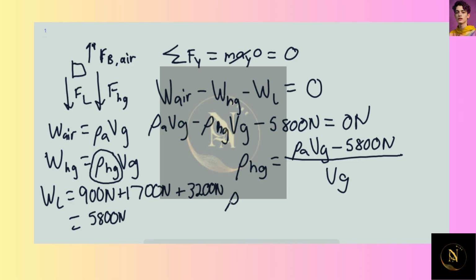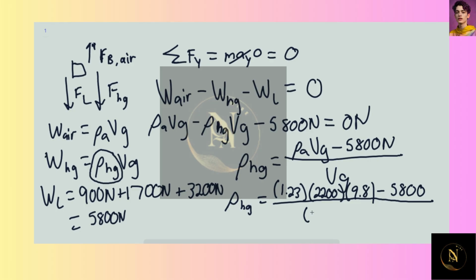Plugging in for our constants, we have 1.23, and then the volume being displaced is 2,200, times 9.8, the acceleration due to gravity, minus 5,800, all over 2,200 times 9.8. And coming up here, we find that the final answer is 0.961 kilograms per cubic meter.